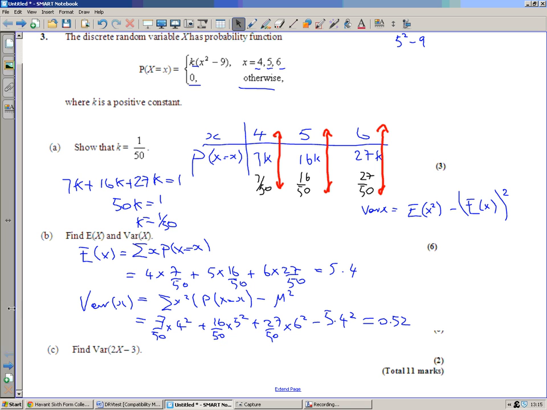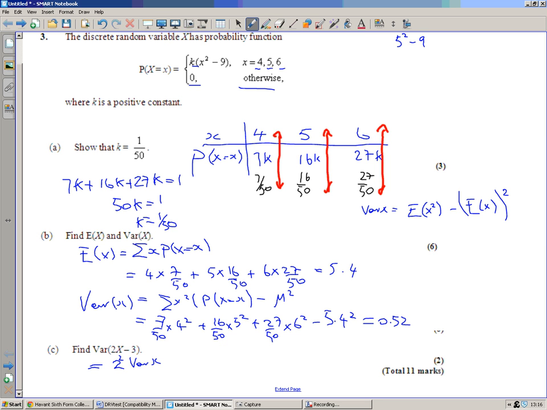Right, now, the last bit is testing a very important idea: because variance is a measure of dispersion, a measure of spread, the take away 3 bit gets dropped from the formula. So the variance of 2x minus 3 is equal to 2 squared times the variance of x.